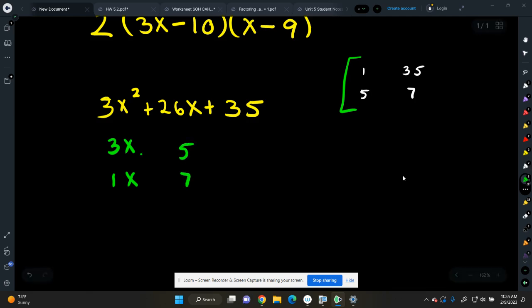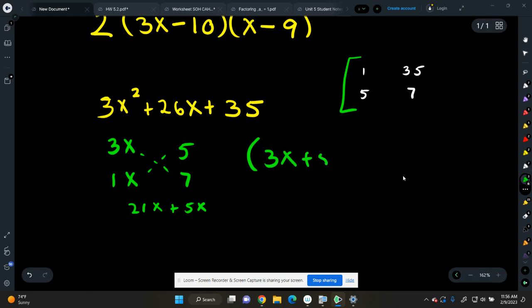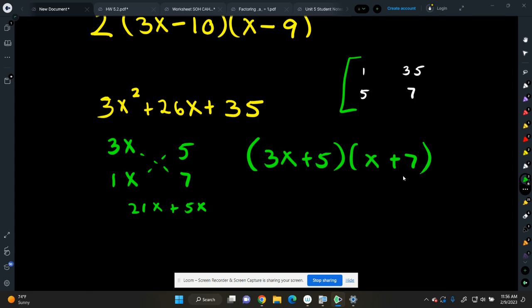Happens to be the right way because this is going to be 21x and that's going to be 5x. So that equals 26x. So we accidentally chose the right factors the first time. As you get more and more practice with this, you'll get faster at it because, like you see, right away we eliminated the 1 and 35. So we could get close faster.